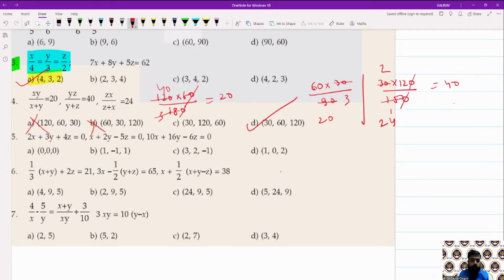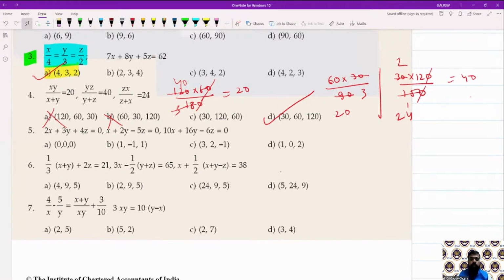Now comes the next one. Question number 5. Again, 3 variables, 3 equations, and check which is the correct answer. So let's try. If we see, the first option is able to satisfy all the equations.